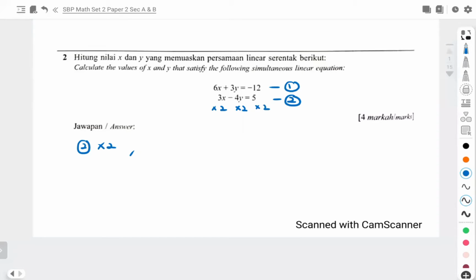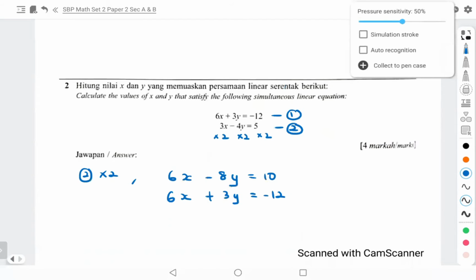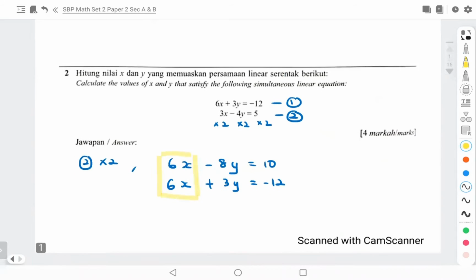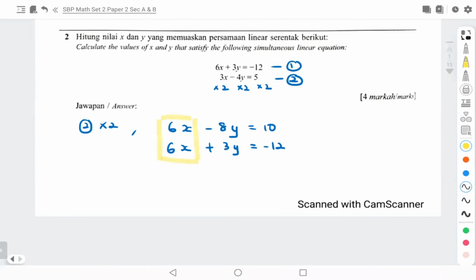Then you get 6x minus 8y equals 10. Then you copy back the first equation at the bottom. Since the first term here is the same, 6x, we can eliminate by minus.